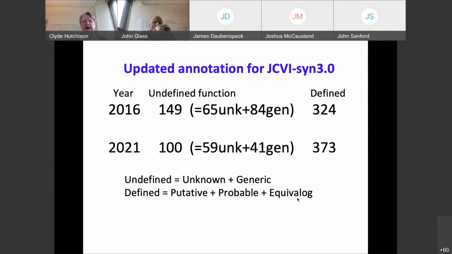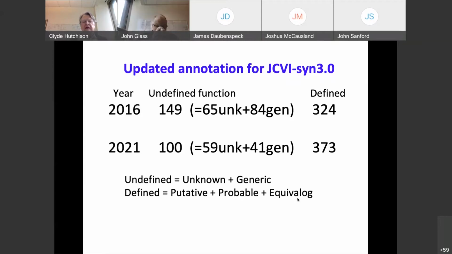So we had 149 genes of undefined function in 2016, and now it's down to about 100, mostly on the basis of bioinformatics combined with experiments published on not really the synthetic cell genes, not really mycoplasma genes, but other kinds of mycoplasmas or related genes in other species.